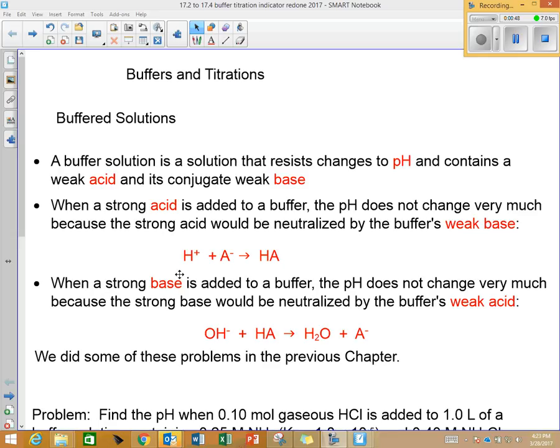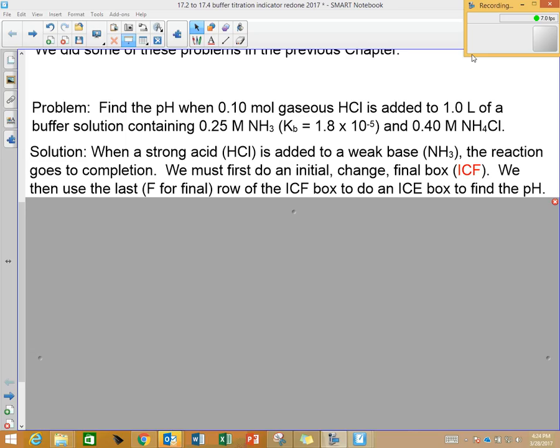Now, if we add a strong base, OH-, to the buffer, the base reacts with the weak acid in the buffer, forming water and the conjugate weak base, and you notice we end up without any OH-. Hence, the buffer can get rid of H+ through this reaction, or it can get rid of OH- through this reaction. So let's do a problem now.